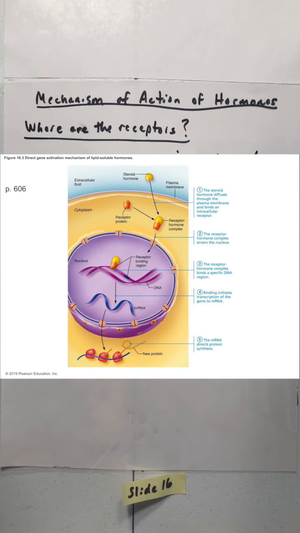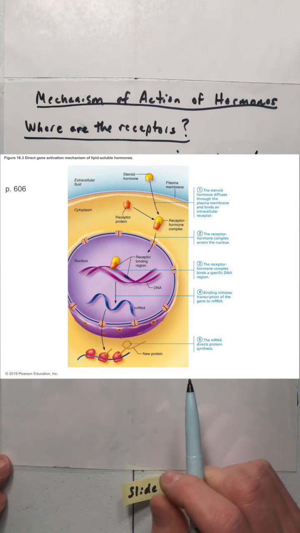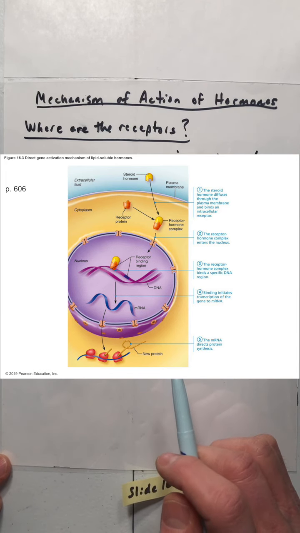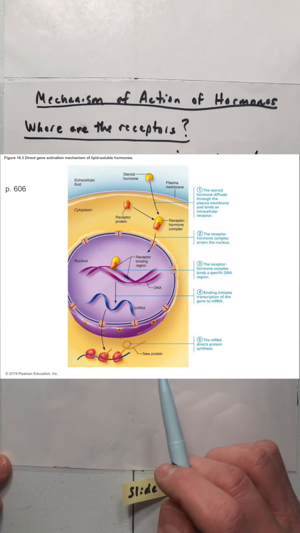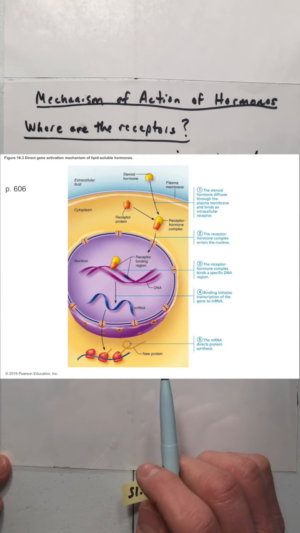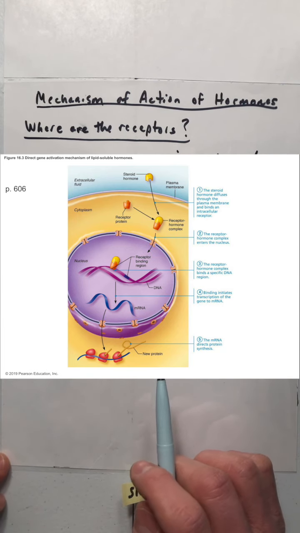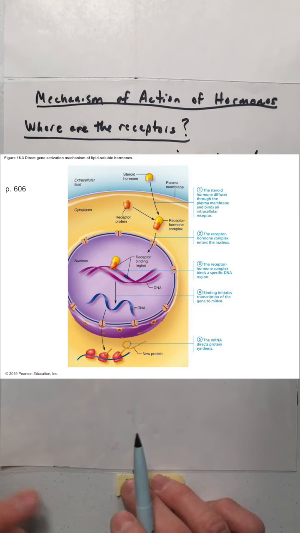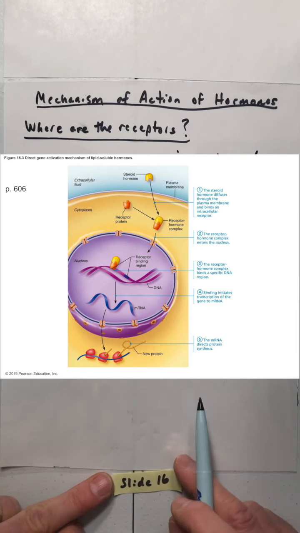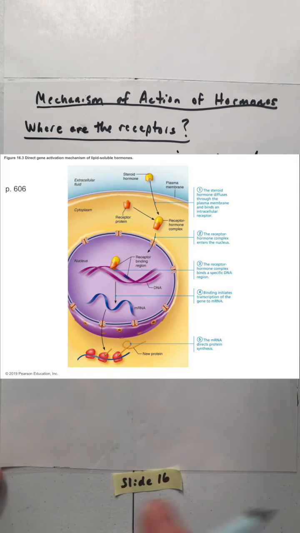Maybe it's a steroid hormone, but some lipid-soluble hormone dumped out of the bloodstream, streaming through the interstitial space, bumps into the outside of the cell and slithers right through that phospholipid bilayer because it's lipid soluble. It can easily move through the phospholipid bilayer, and so it makes its way into the cell.